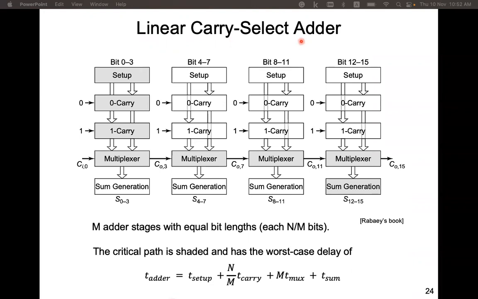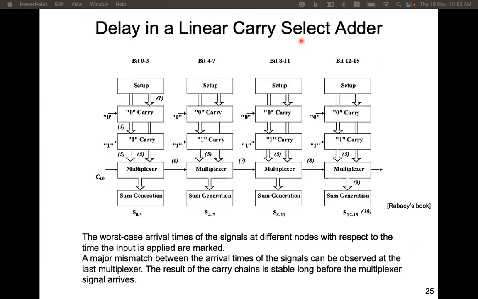But before showing the other carry select adder, let me show you one property. One thing is that this linear carry select adder has not fully optimized the delay. Let's consider this 16-bit adder. Each stage has 4 bits.